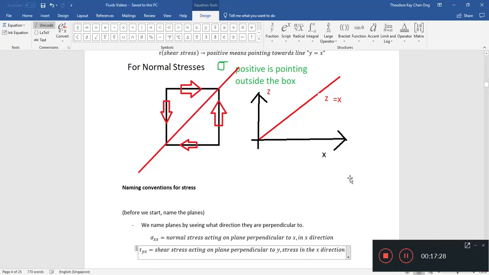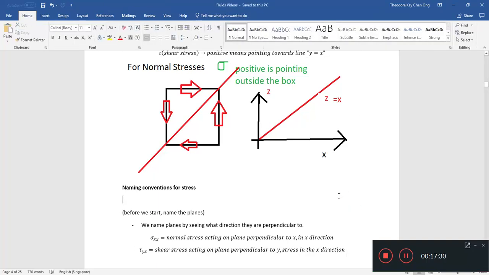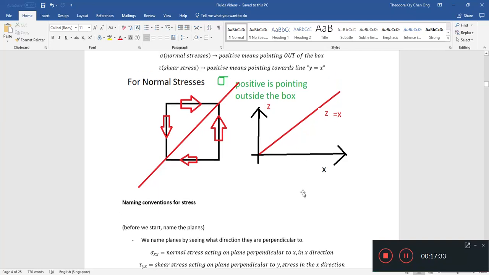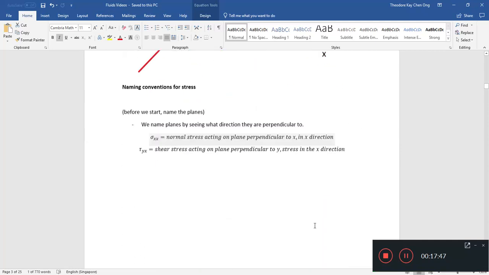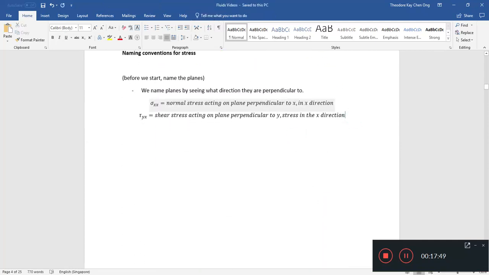Okay, now we have gone through a lot of trouble just to learn how to name stresses. Why do we want to go through all the trouble again? So that we can find the vector components of the stresses that are acting on this little box of ours. So now let's consider the x direction.